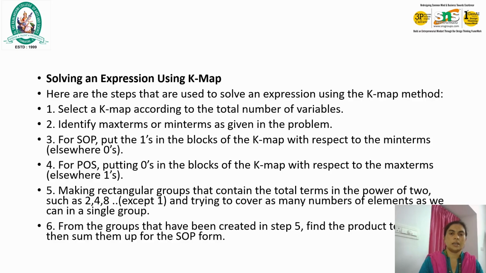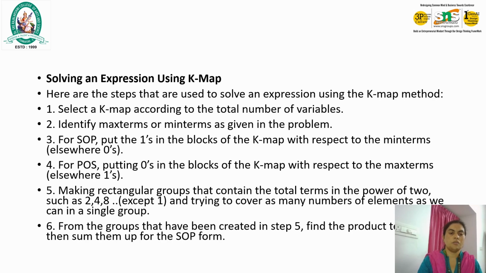To solve an expression using a Karnaugh map, first a K-map is selected according to the total number of variables. Then we identify the maxterms or minterms as given in the problem, and put 1 in the block of the K-map with respect to the minterms, otherwise it can be replaced with 0.